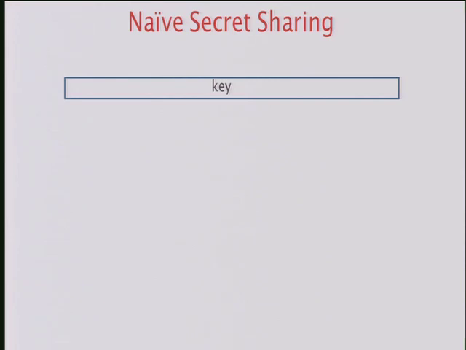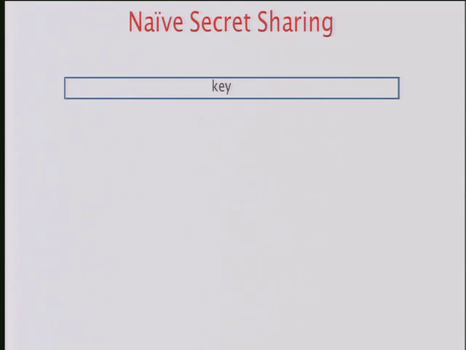So say you're trying to share it among 5 officers, and what you want is all 5 should be present and agree on launching the missile before they actually can do that. So you give each of them a piece of the key. Now how do you do that?